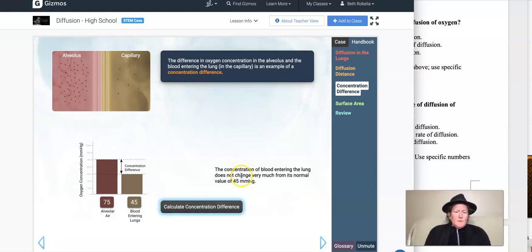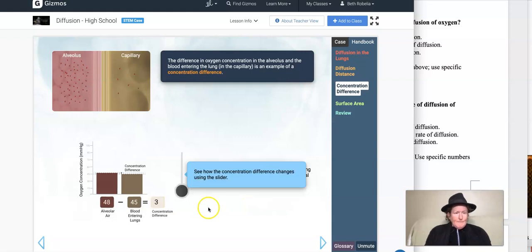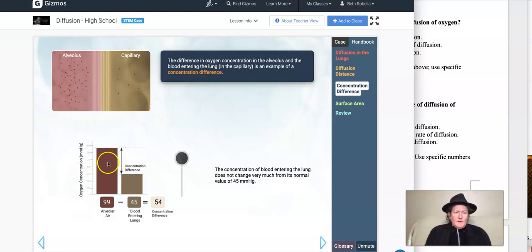The concentration of blood entering the lungs does not change very much from its normal value of 45 millimeters of mercury. So let's see how the concentration difference changes if we have alveolar air, which has some oxygen in it, where we're breathing in oxygen.